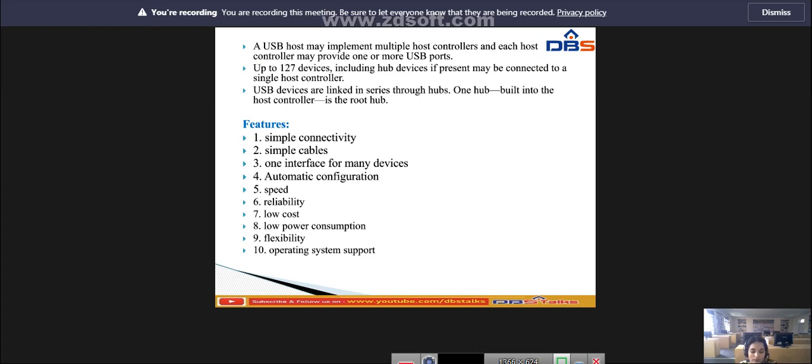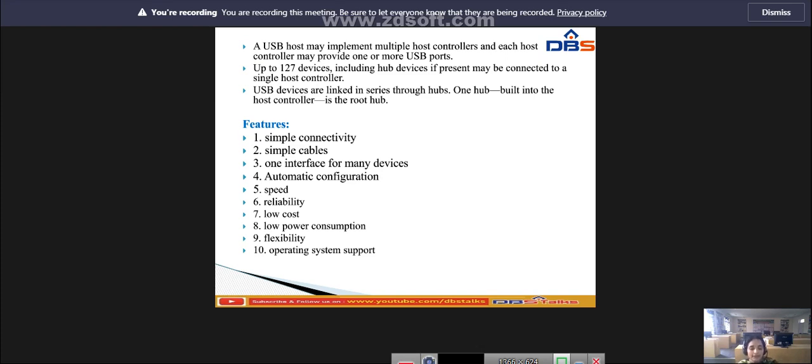Next, low power consumption. It consumes low power, which is useful on battery powered computers. Next is the ninth one, flexibility. USB can guarantee a transfer rate suitable for exchanging large blocks of data. That is called flexibility. Next, operating system support.